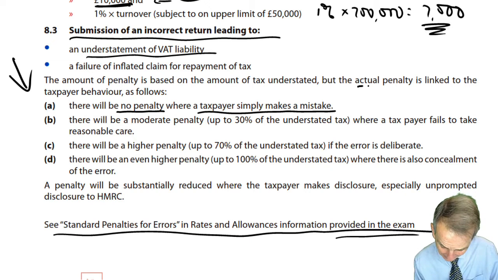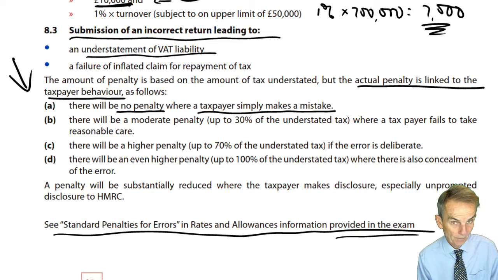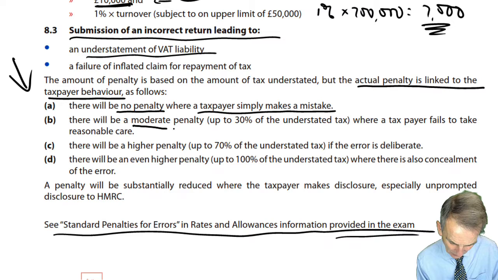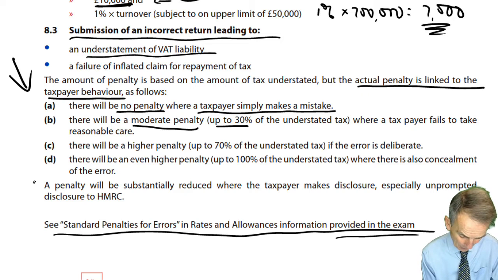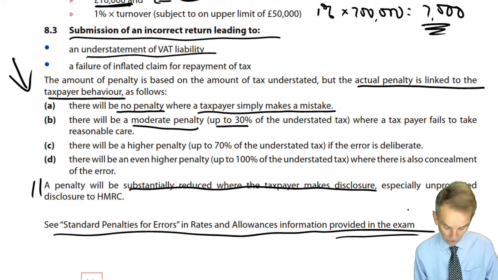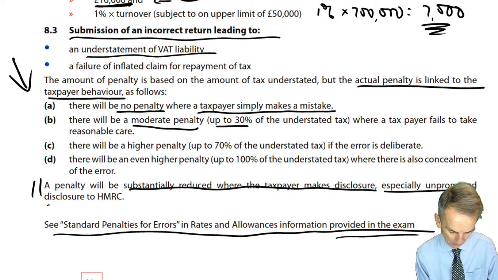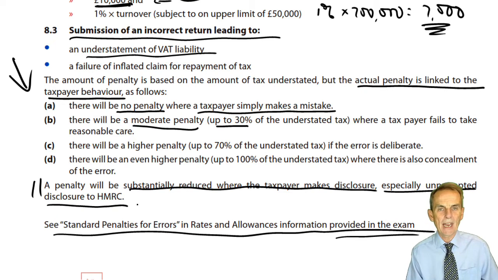Also note that the actual penalty, where there is one, is linked to the taxpayer behaviour. So, there will be a moderate penalty, and that's up to 30%. Note, up to 30%. And again, the point there is that any penalty will be substantially reduced where the taxpayer makes disclosure, especially unprompted disclosure to HMRC. HMRC have not raised any issues about the VAT return submitted.